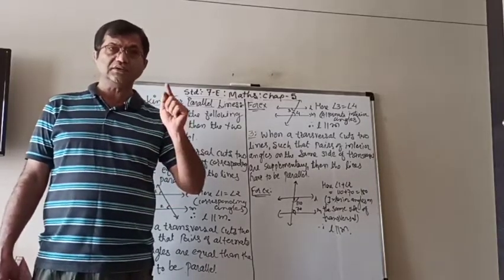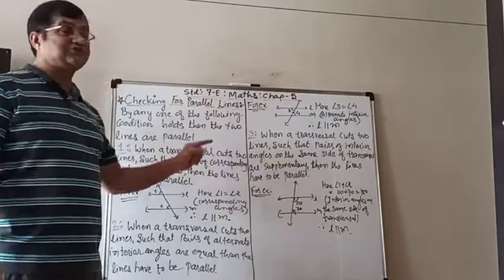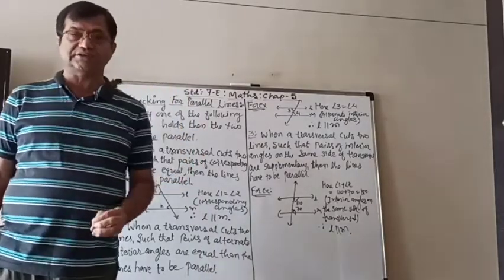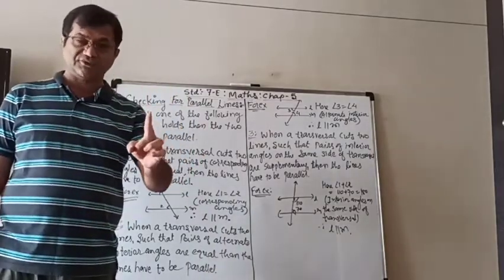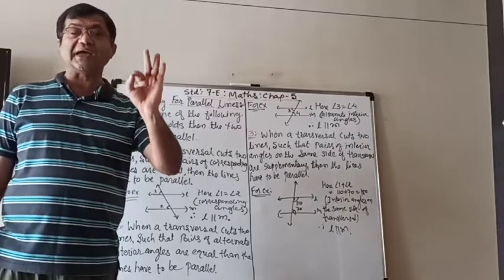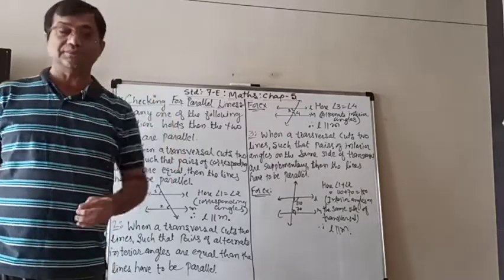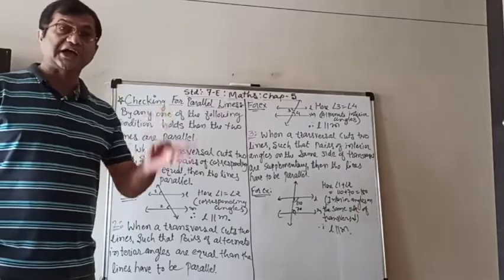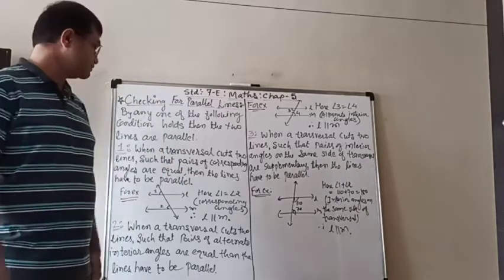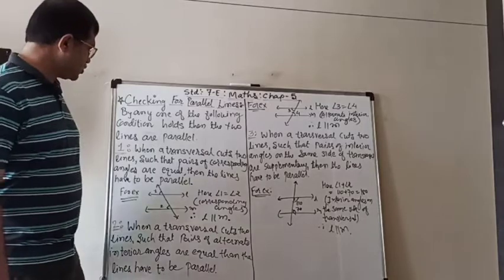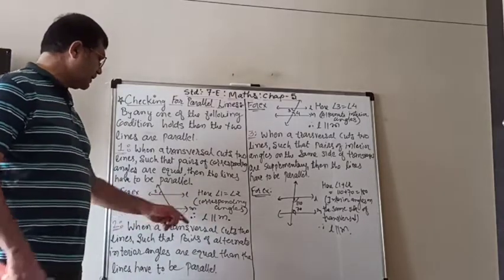So what is the condition? When a transversal cuts two lines such that pairs of corresponding angles are equal, then the lines have to be parallel. For example, I show you here lines L and M are given.